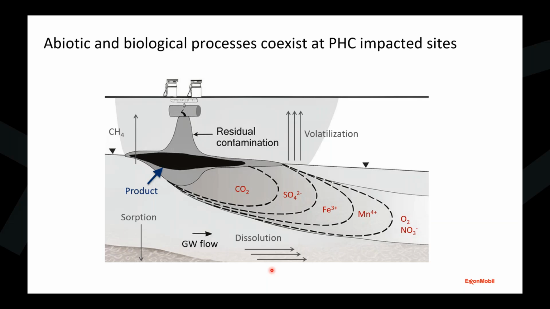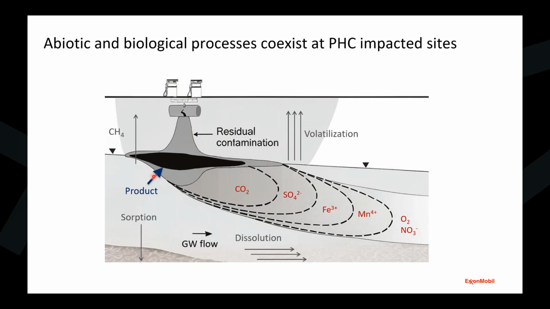Many of you are probably familiar with what happens in PHC, or petroleum hydrocarbon, impacted sites, but basically when contamination occurs in groundwater, the groundwater flow transports the contaminants along the gradient of the groundwater flow, and many biotic and abiotic processes occur at the same time. As you can see in this slide, we can have volatilization, dissolution, and sorption.